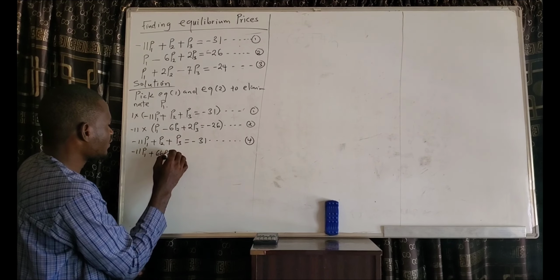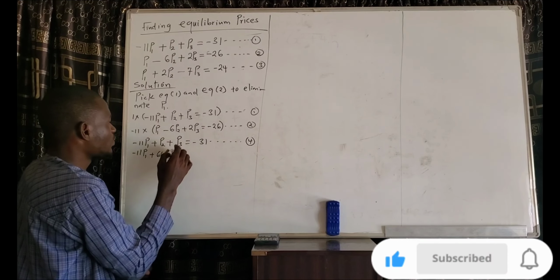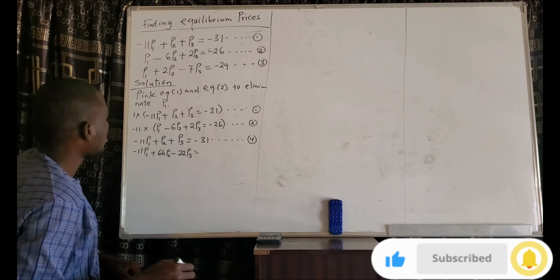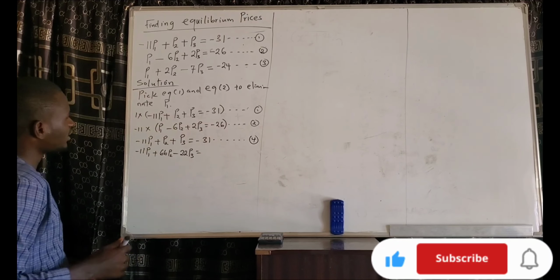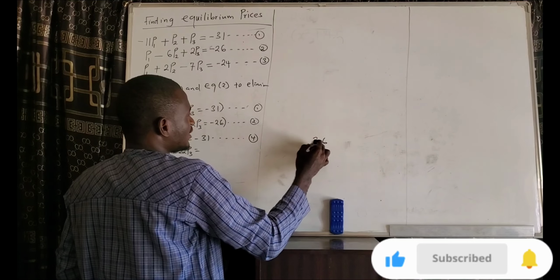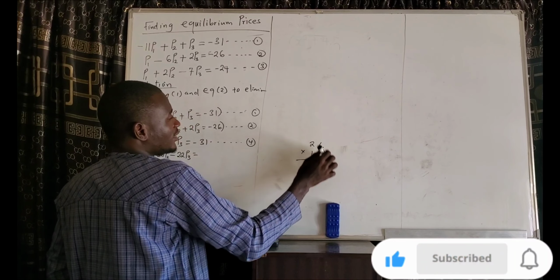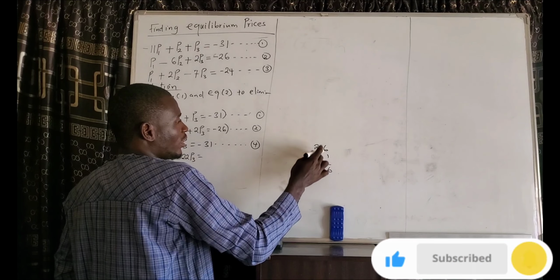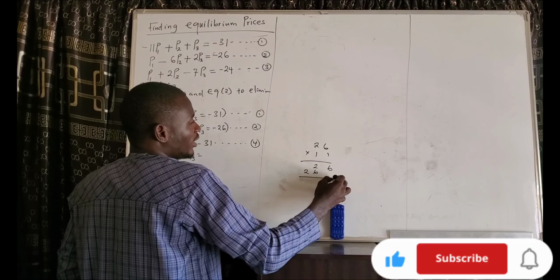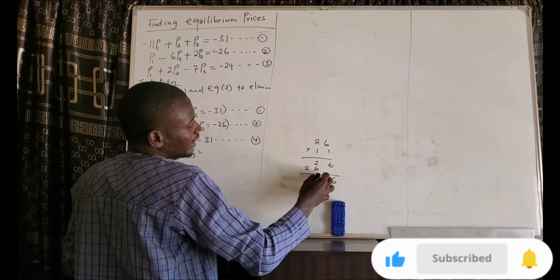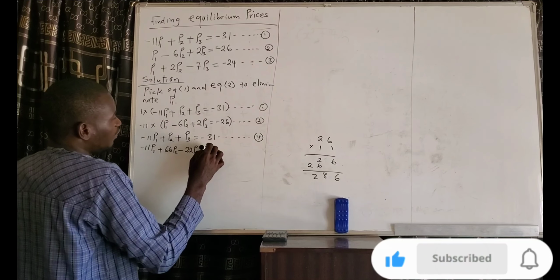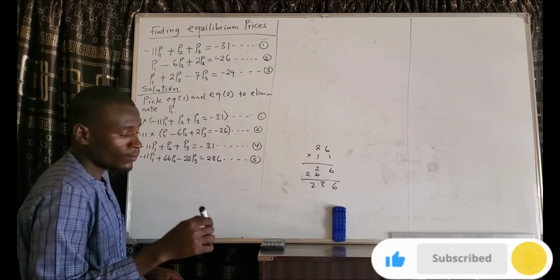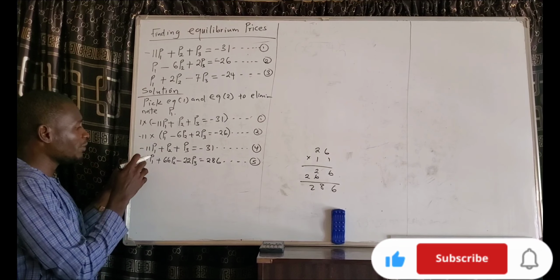Negative times positive is negative, 11 times 2 is 22 P3 equal to, negative times negative is positive, then 26 times 11: 1 times 6 is 6, 1 times 2 is 2, so we have 2, 8, 6. This is equation 5.